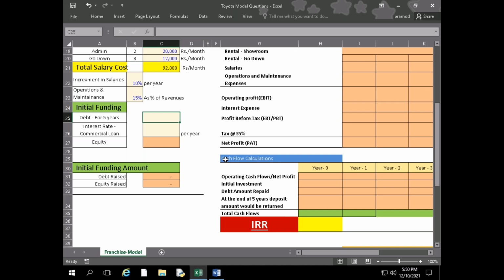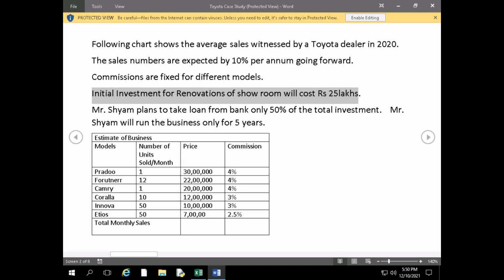So initial funding for 5 years, how much? 25 lakhs, sir? No, not initial investment. Initial funding with a percentage return for 5 years, the debt. Sham plans to take a loan from the bank only 50% of the total investment.